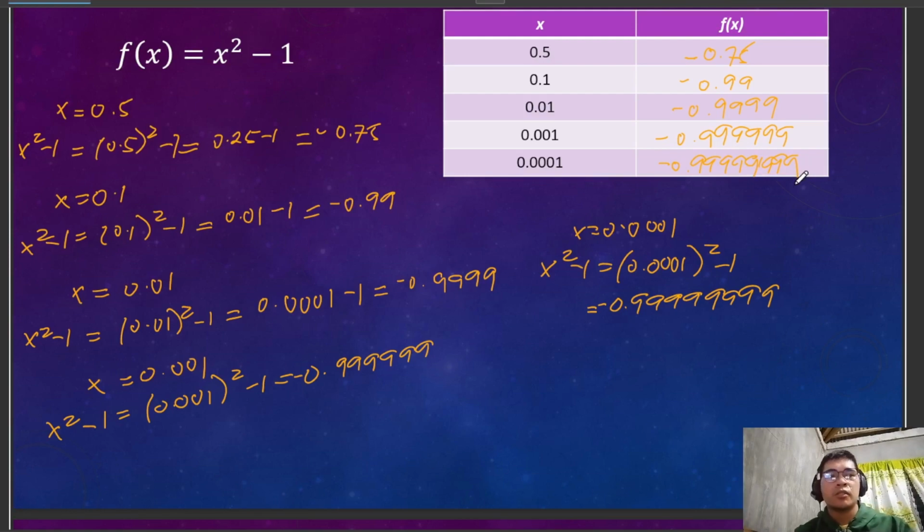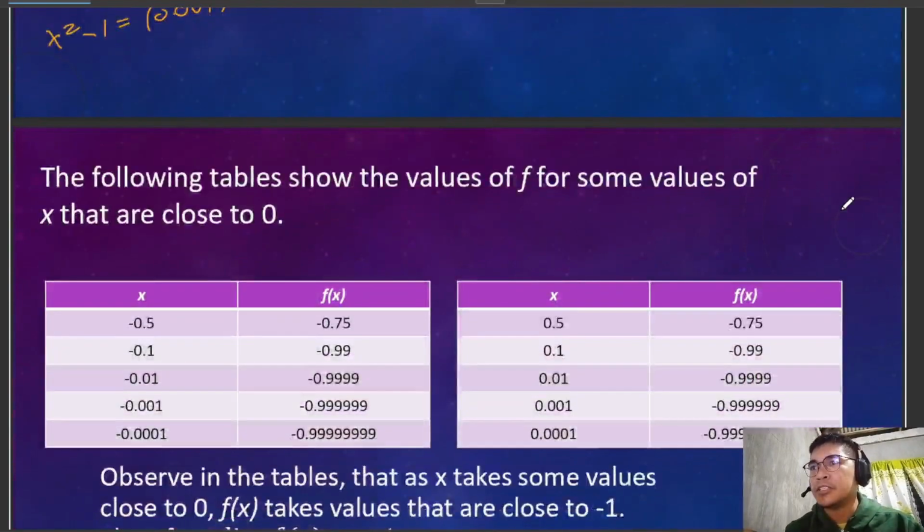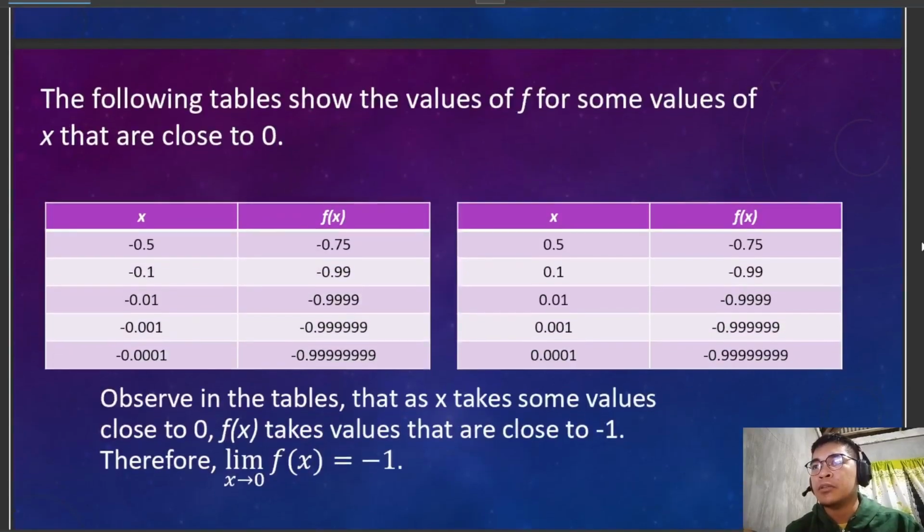Okay? So the question is, is there a limit? Let's check. So here's now the given values. The following table shows the values of f for some values of x that are close to 0. The earlier part is less than 0, and this is greater than 0.